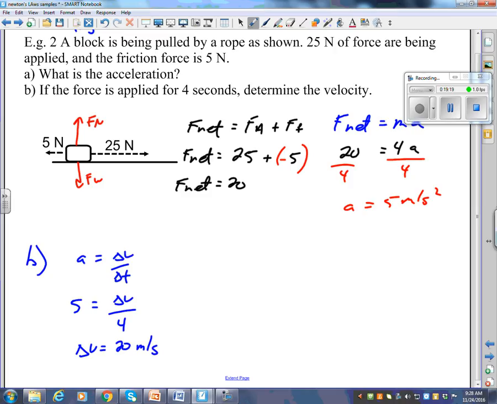I guess this is the final velocity, right? Did it tell us what the initial velocity was? It doesn't, so you have to assume that the initial velocity is 0. If it's 0 and it changes by 20, the final velocity is 20.